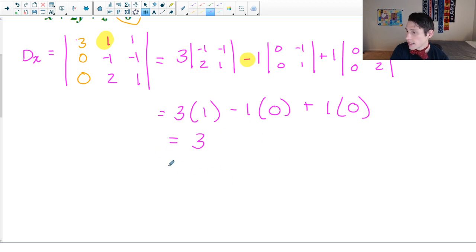Okay, so this is not the answer, but I can use it to find the answer. So Cramer's rule tells me that the value of x is equal to dx divided by d. Basic formula, for sure.